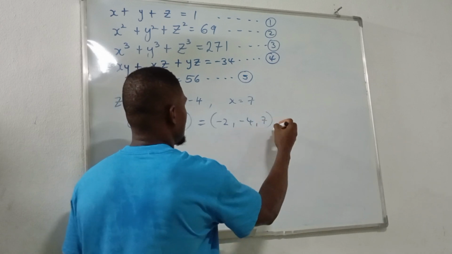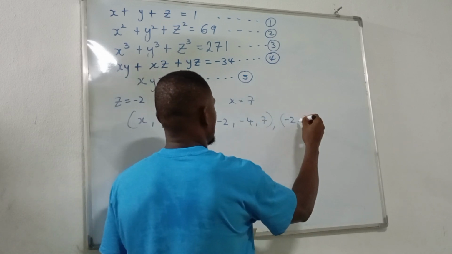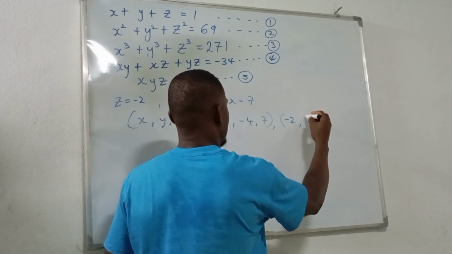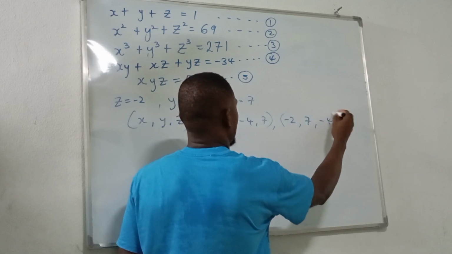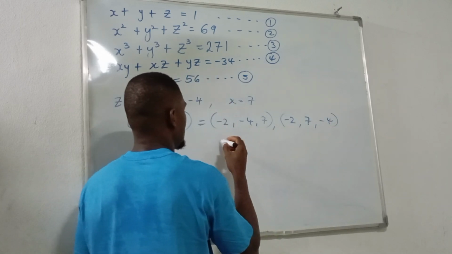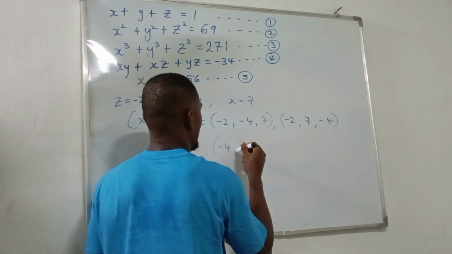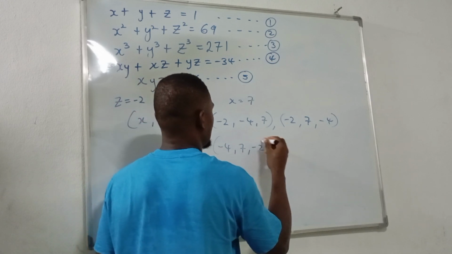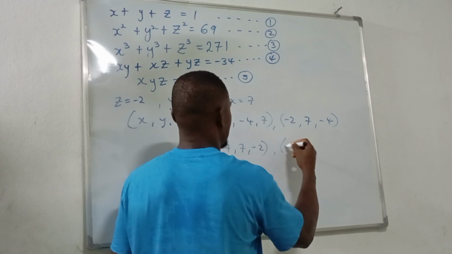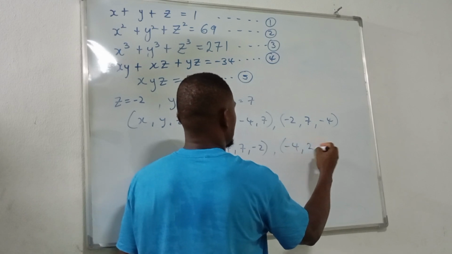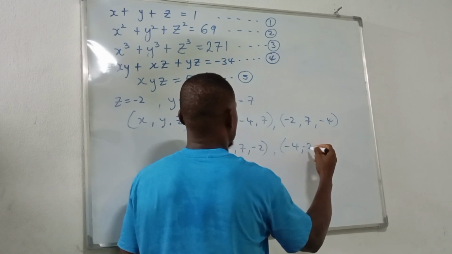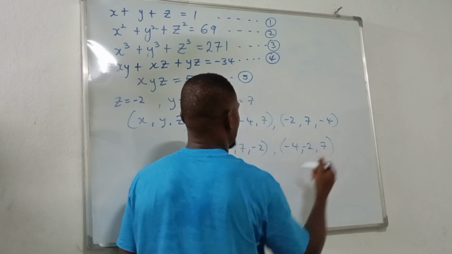It could also be minus 2, 7, minus 4. It could also be minus 4, 7, minus 2. It could also be minus 4, minus 2, 7.